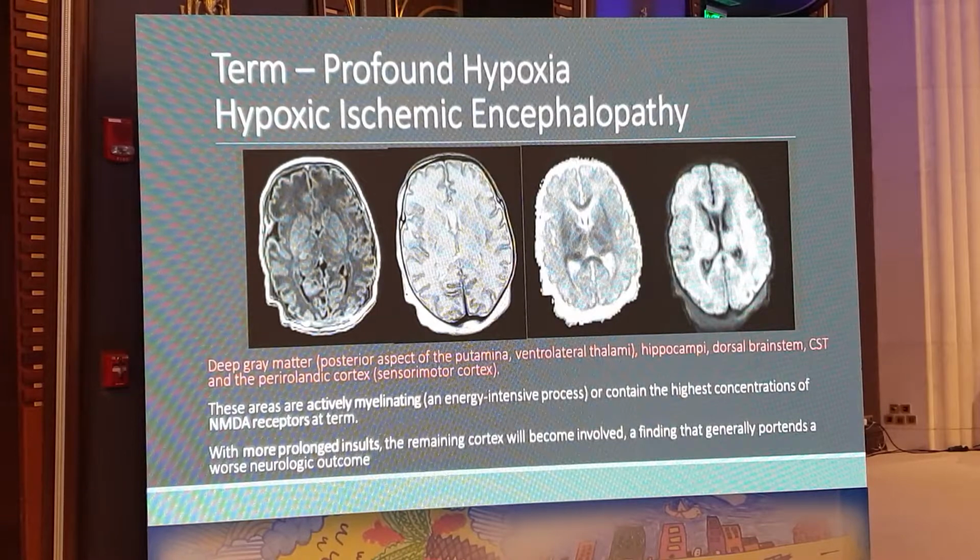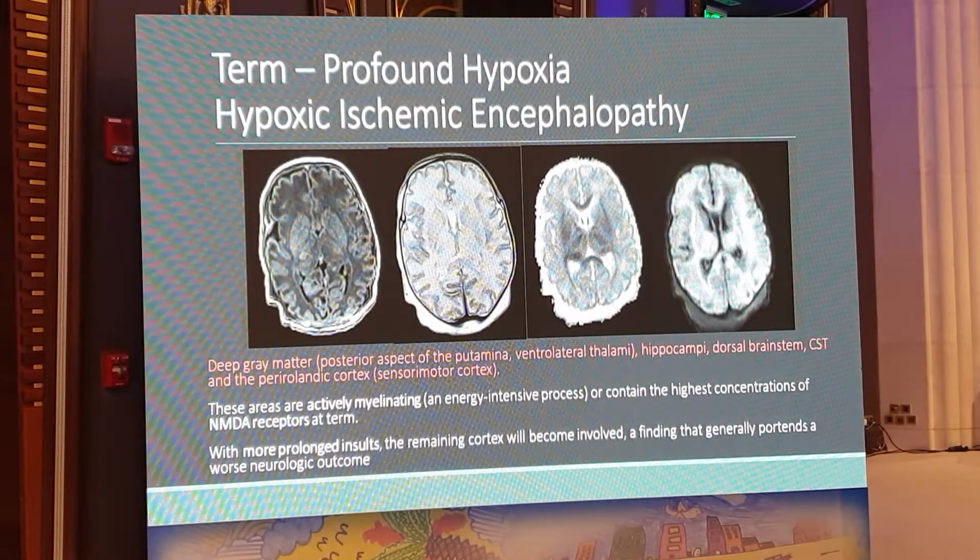So why are those areas specifically more affected? Because they are the actively myelinating regions, an energy-intensive process, and they contain the highest concentration of NMDA receptors, or glutamate sensitive cells.